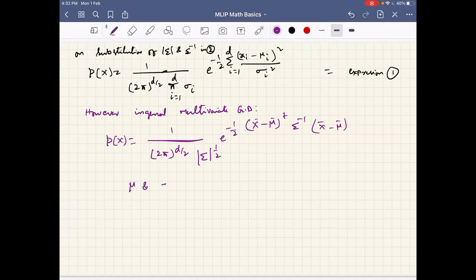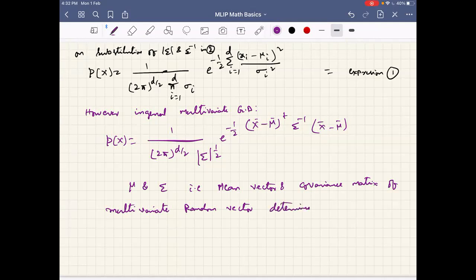And please note that mu and sigma, that is, the mean vector and the covariance matrix of the multivariate random vector, completely determine the Gaussian density.